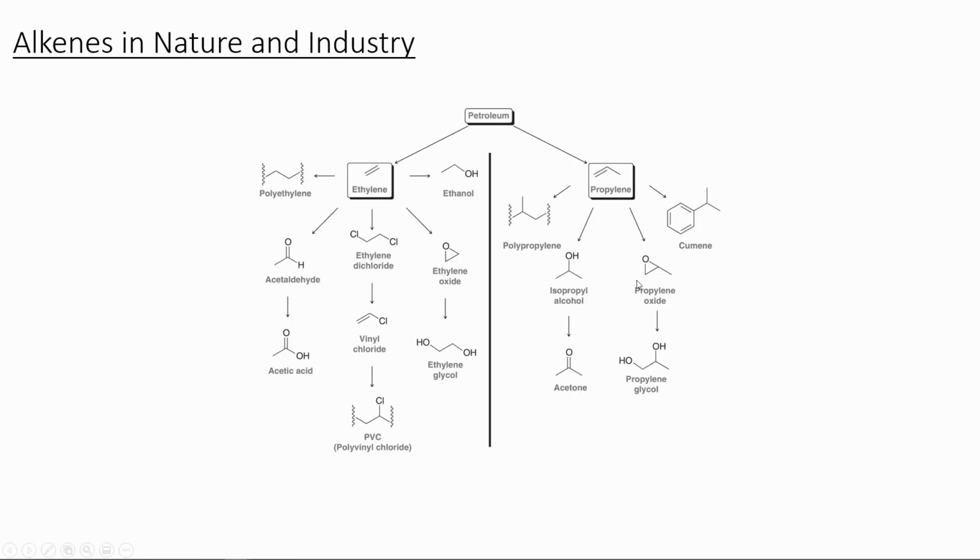So for example, you can see here ethylene can be converted into many different 2-carbon molecules, including ethanol, acetic acid or vinegar, and ethylene glycol or antifreeze. It can be polymerized into PVC, and propylene has a large variety of chemicals that it can be converted to as well.